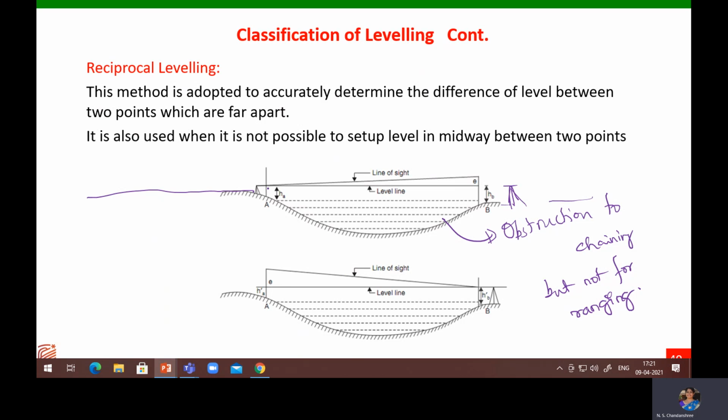Here we set up one station at A, and let us consider this point as 1 and this as 2. We set up an instrument station at this point A and take the staff reading at point 1, which is termed as HA, and from the station A only we again take the reading HB.